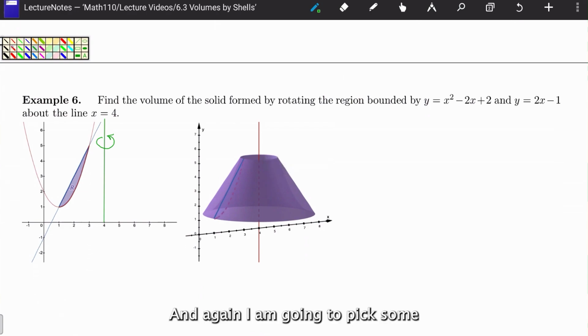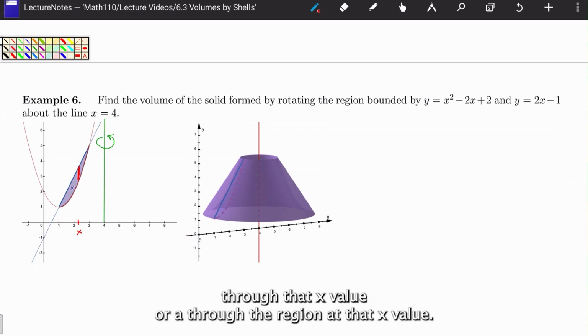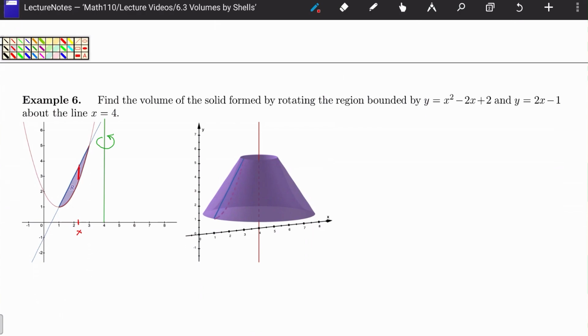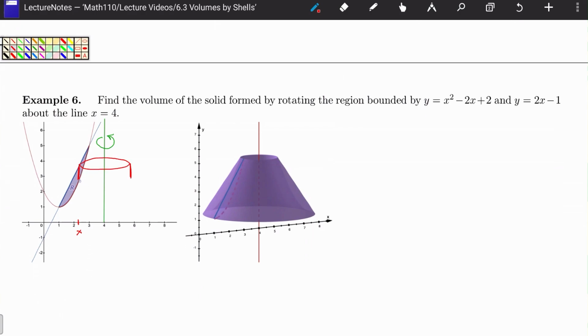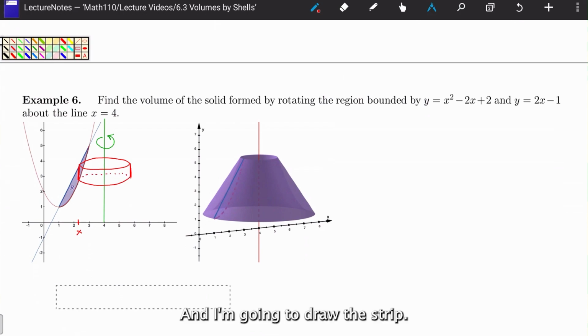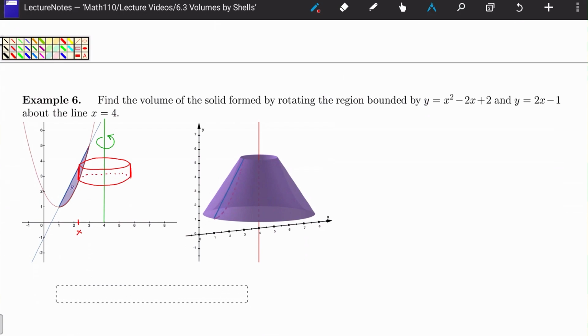And again, I am going to pick some x value and draw a vertical stripe through the region at that x value. And I'm going to take that x value and rotate it around the axis of rotation. And I'm going to draw the strip.